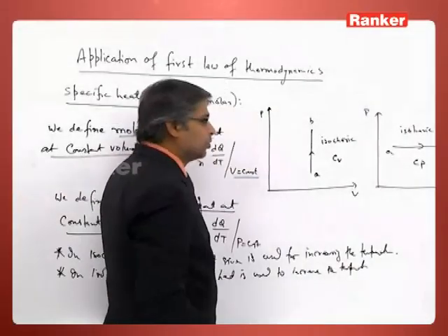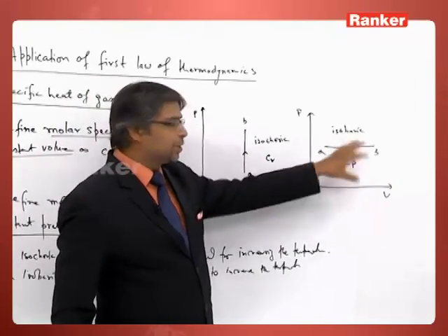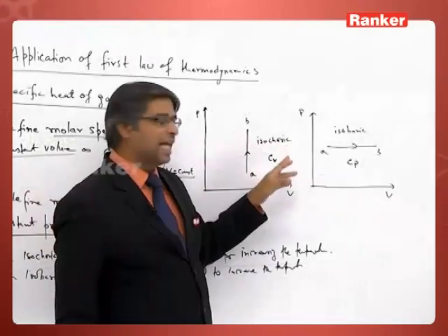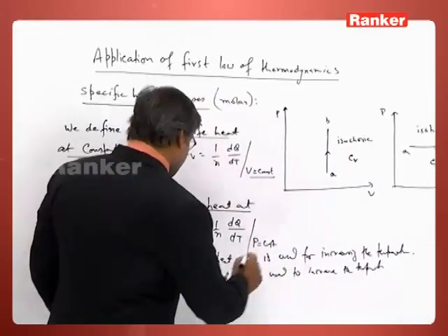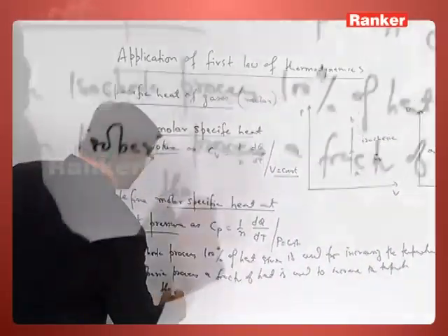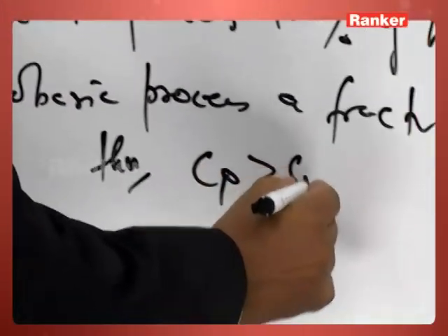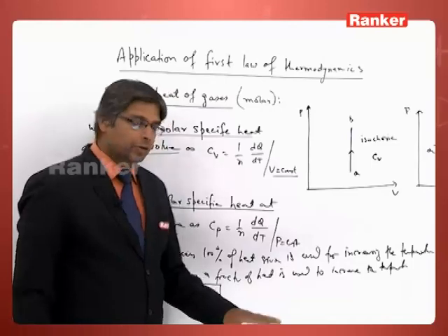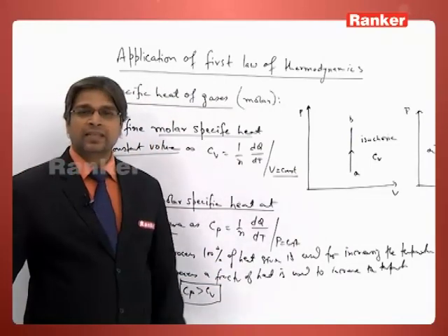So to increase the temperature in this process, you require more energy. That means Cp is more than Cv. Thus we can say Cp is greater than Cv. How much greater, we will see later on.